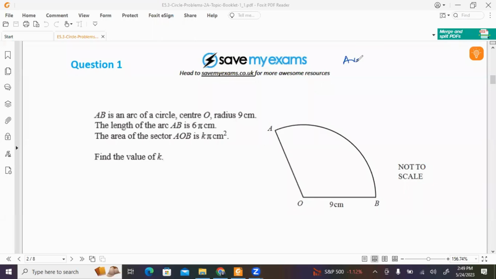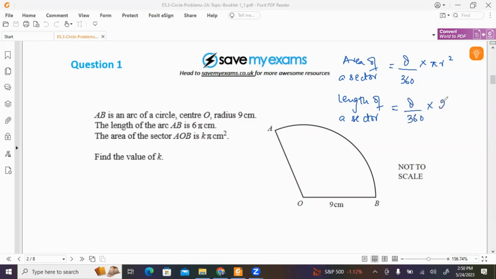Area of sector is given as theta over 360 times pi r squared. Then length of the sector is given as theta over 360 times 2 pi r.